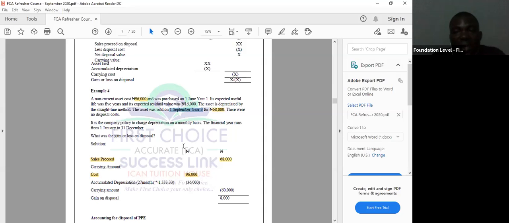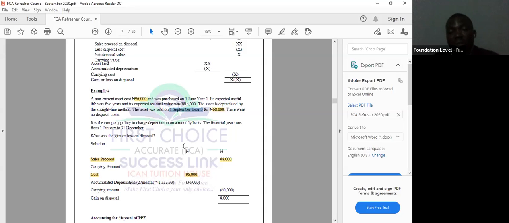In year three, we use January, February, March, April, May, June, July, August. That's 8 months, up to August. So 19 months plus 8 gives us 27 months. It means that the total months we use for the asset is 27 months. I believe you understand how I get that.